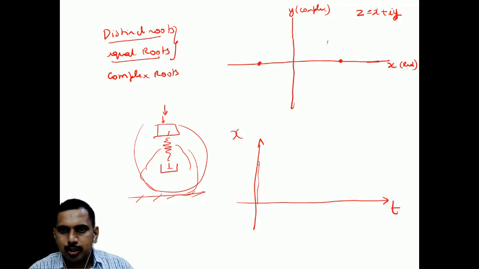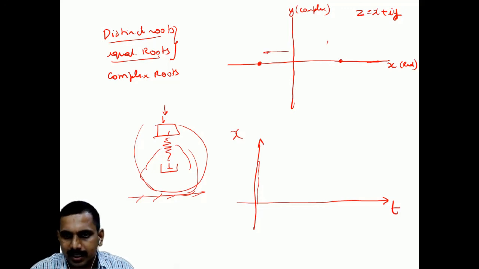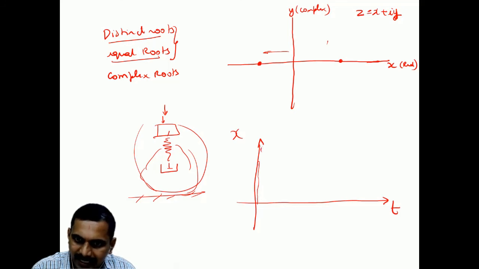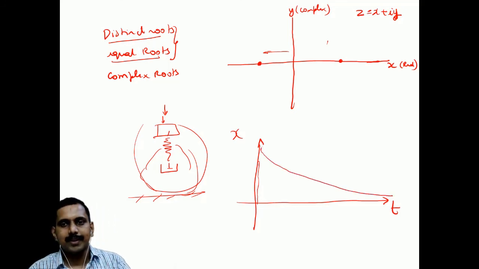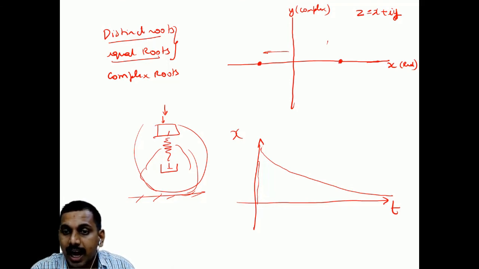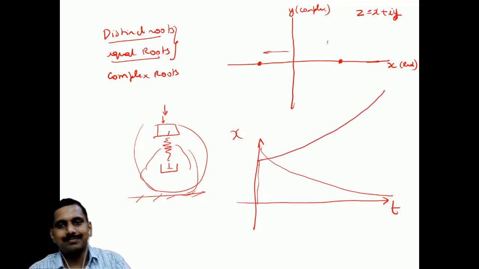Once you do that, if the roots of this system fall on the negative side of the real axis, then the system at once excites and then comes down like this. If the roots are in the other direction, if it's positive roots, once you excite, it will continuously increase.